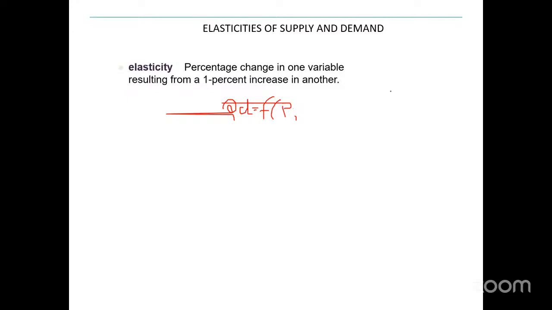If you look at the very simple concept of demand elasticity, you take the price elasticity, usually with the symbol epsilon P. We can write it as the percentage change in quantity divided by the percentage change in the price.